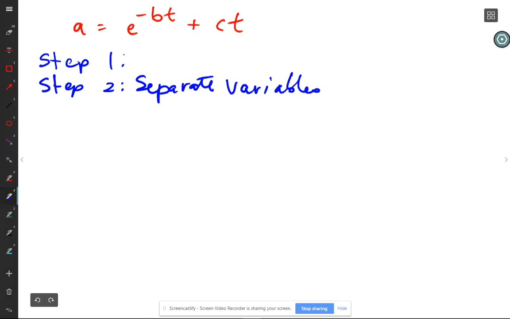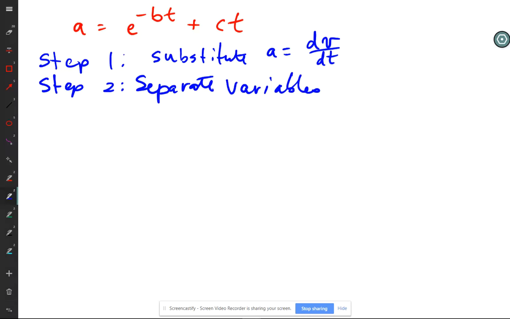What's our first step? Define acceleration. Okay, she said define acceleration. We are going to substitute a is dv dt, which I believe is what she meant by define acceleration. How do I know that's my first step?